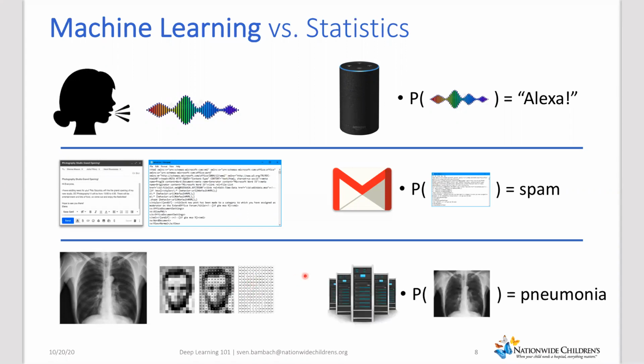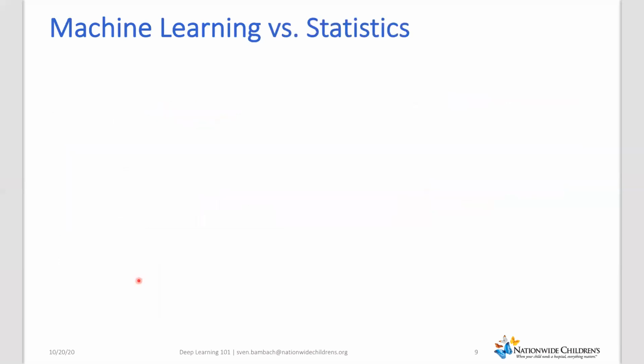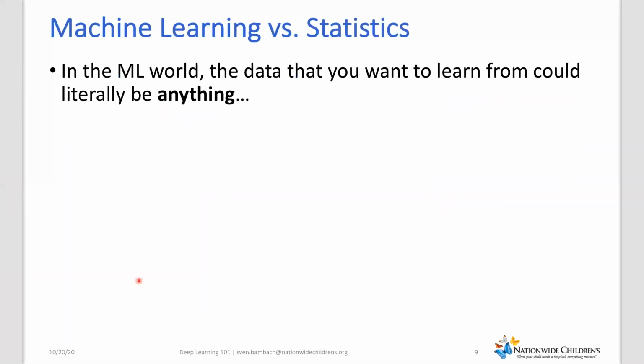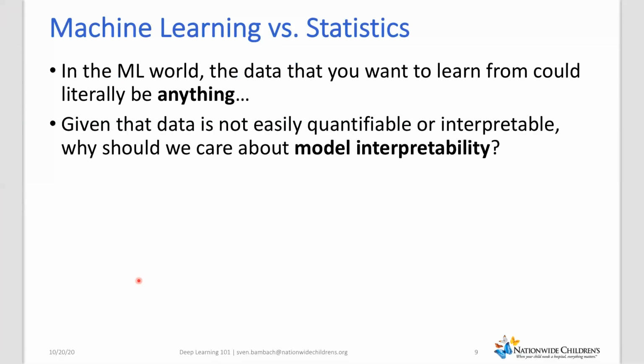But somehow we want a supercomputer to ideally take in those numbers and tell us the probability that this chest X-ray has evidence of pneumonia or not, or something like that, right? So really what I'm trying to get at here, to put this into words, is that in the machine learning world, the data that you want to learn from could literally be anything, right?